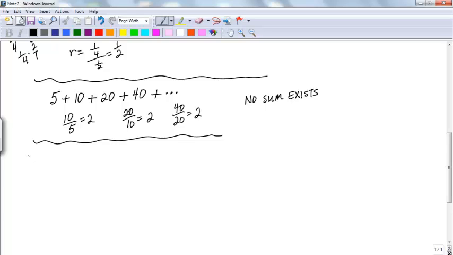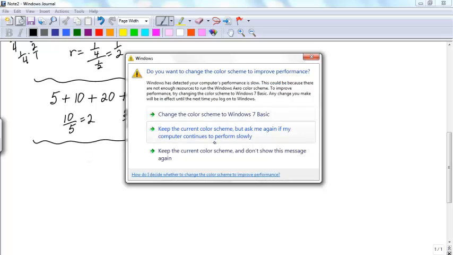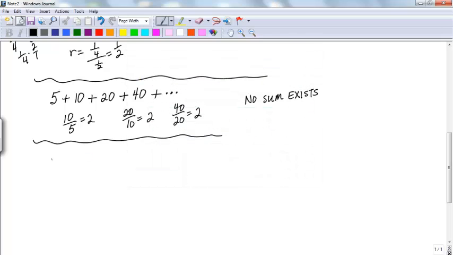The next thing the author will do is use that formula to take a repeating decimal and figure out what the fraction is for that repeating decimal. Okay, so let's look at an example. Say they ask you to write the repeating decimal as a fraction in lowest terms.